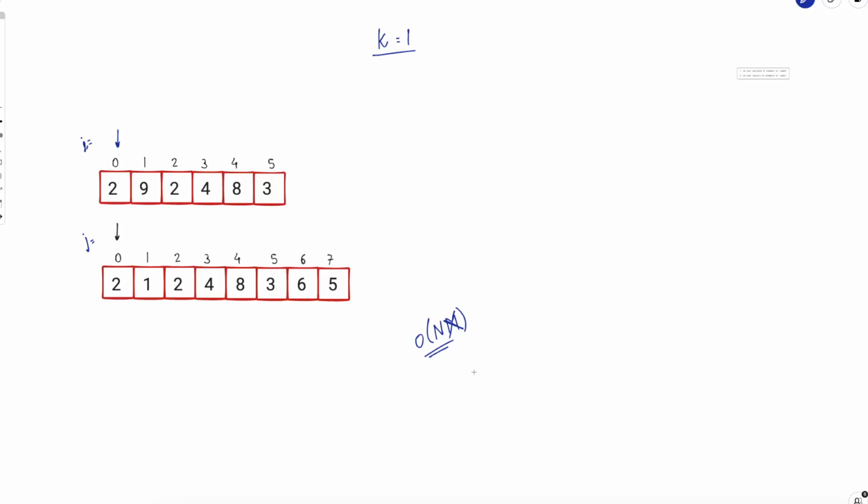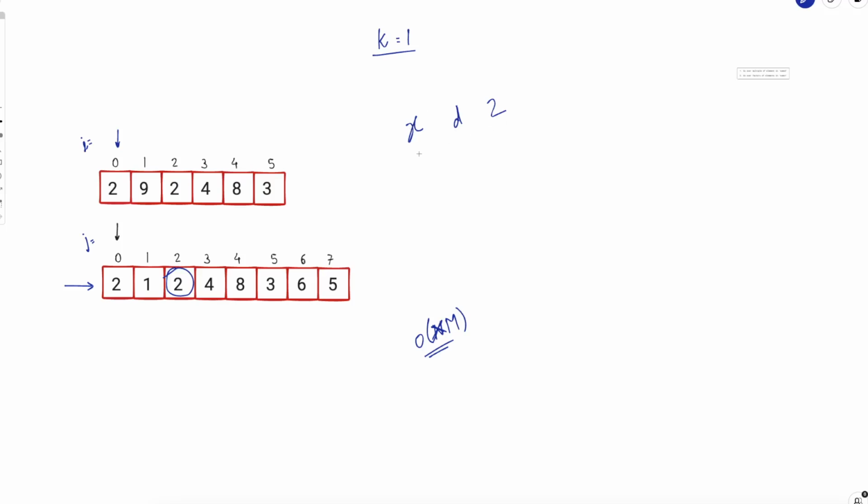The other approach is, okay, I will iterate over all possible j, but I will not iterate over all possible i. In other words, you will still iterate over here, and for each j you will figure out how many valid i's are there. In other words, how many x are there which are divisible by 2.